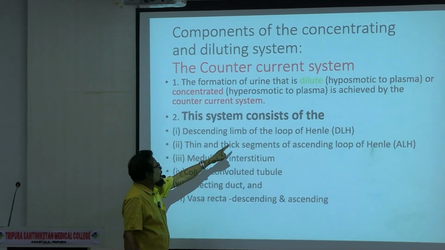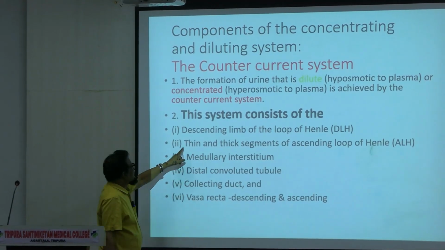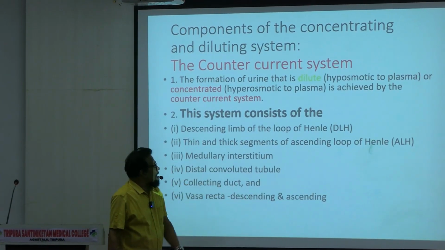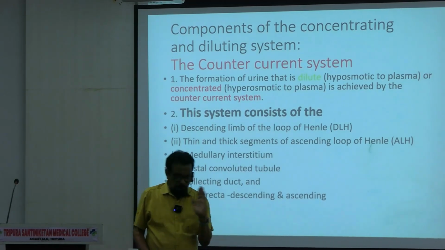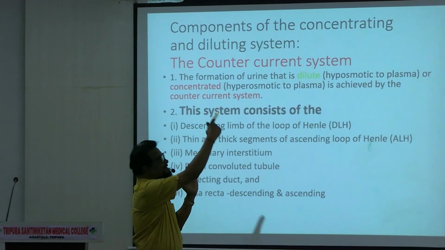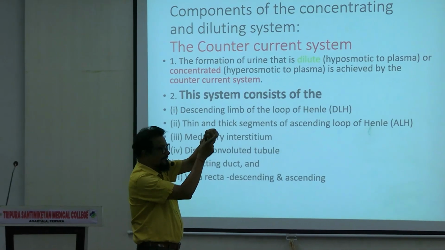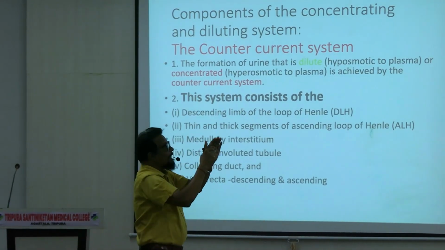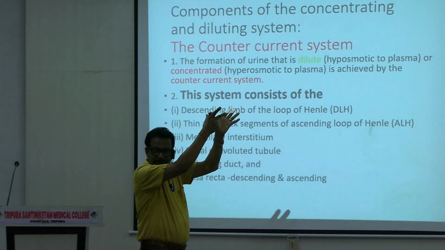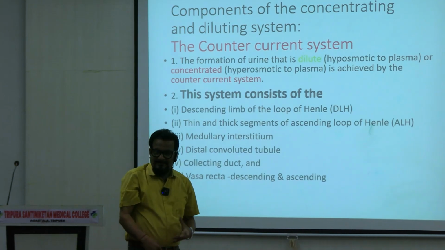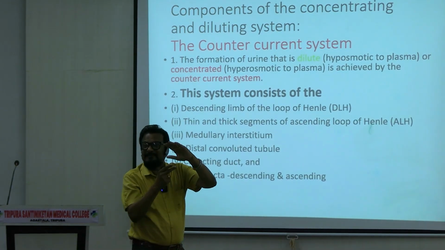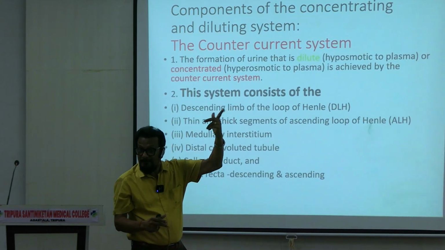So, the descending limb of the loop of Henle and the thin and thick segments of the ascending loop. The initial part of the ascending loop of Henle is thin and the upper part is thick. So the ascending limb has two parts: one is the thin part, another is the thick part.